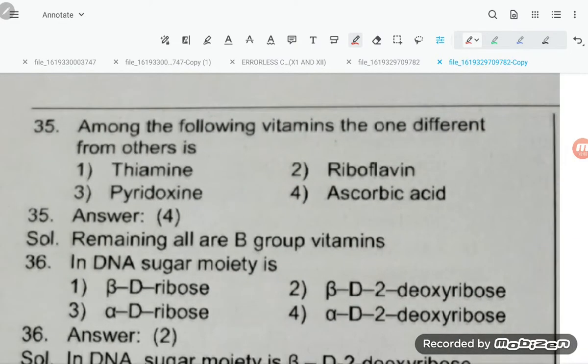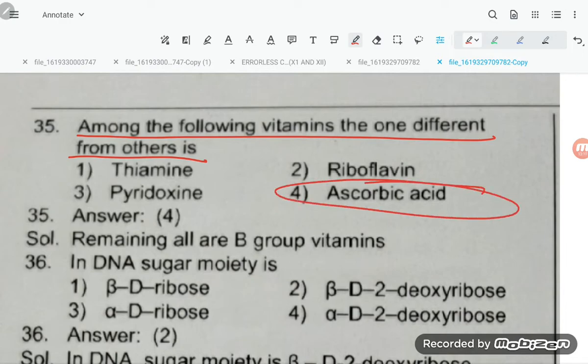Now, among the following vitamins, the one different from the others is ascorbic acid. The remaining all are B group vitamins.